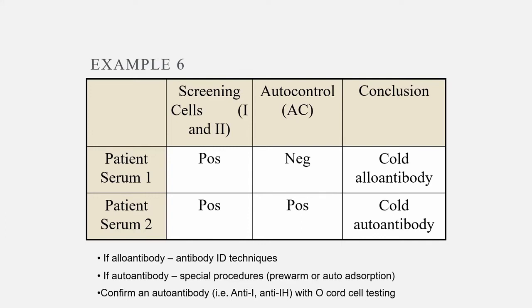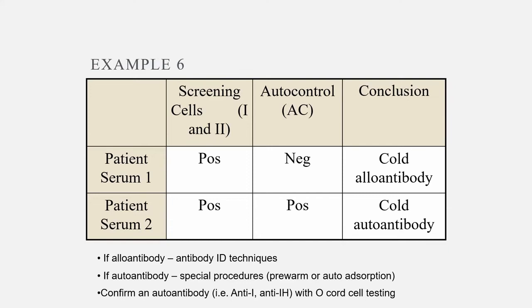So it's also important to know that the A and B reagent cells are pooled, as opposed to screen cells. For screen cells, each vial has one donor in it, so you know exactly what the phenotype is. It's on the antigram.